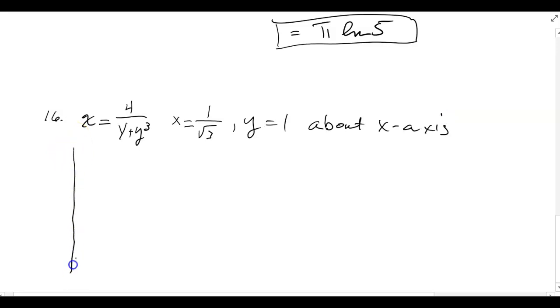So let's just draw it first. My function 4 over y plus y cubed is going to look something like this. Here I have x equaling 1 over radical 3.